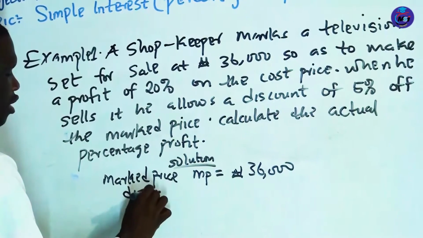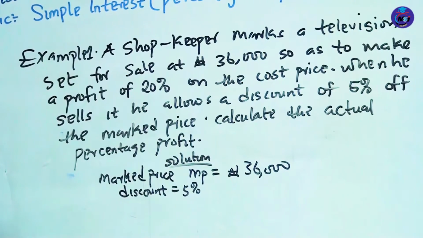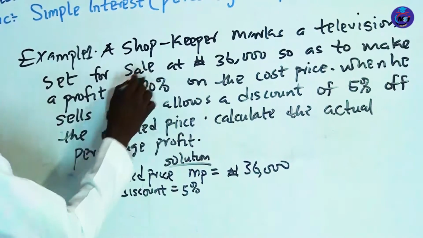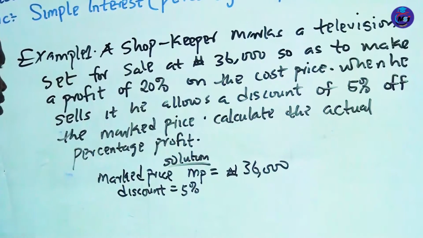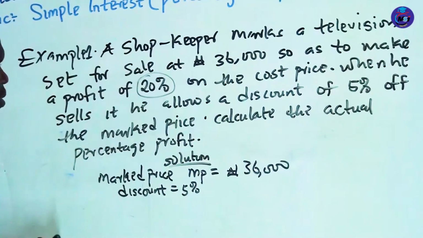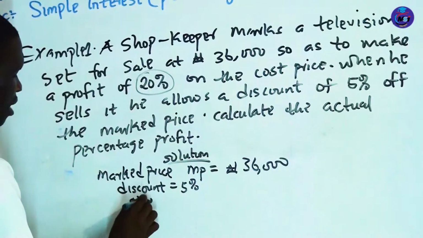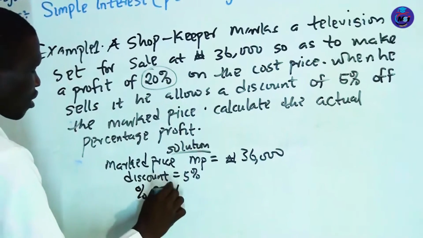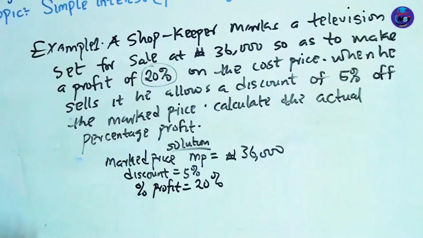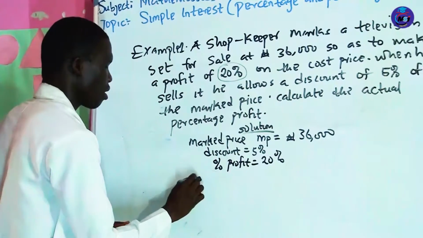Discount is 5%. Okay? Then we have a profit, a profit which is 20%. Percentage profit equals 20%. Now, I want to explain something to you here.